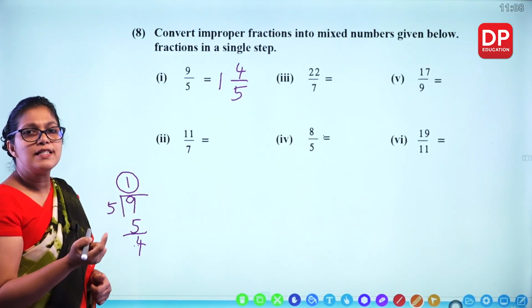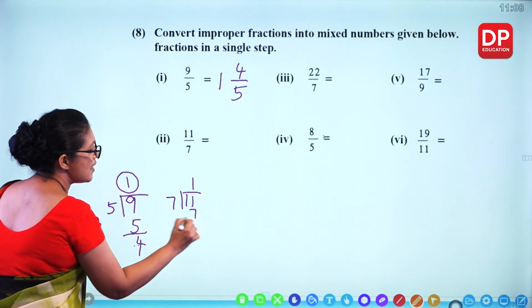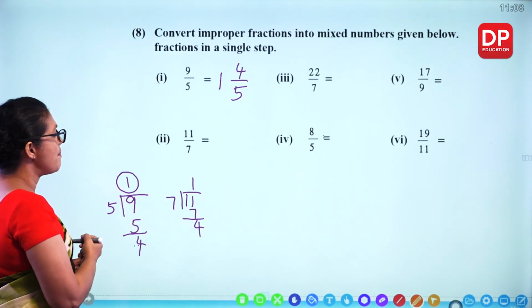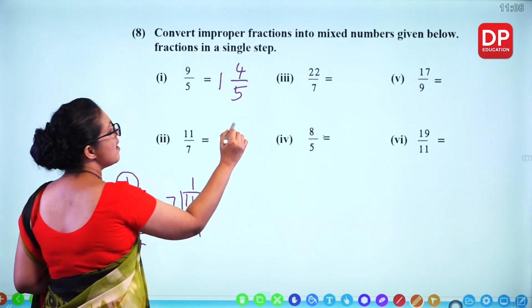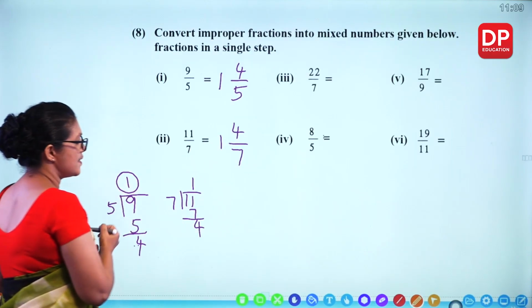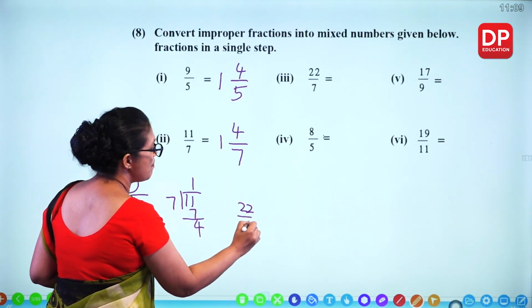This one, 11 divided by 7. 7 times 1, 7, and 4 remaining. 1 part is there, 4 out of 7. 22 divided by 7.